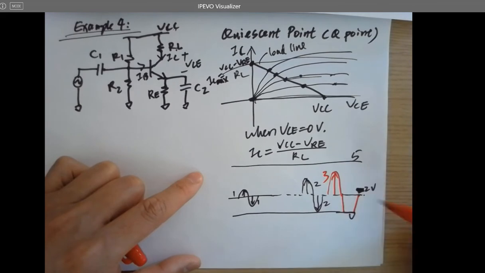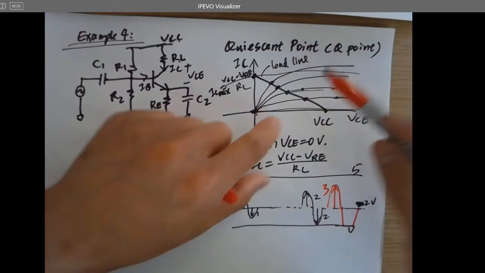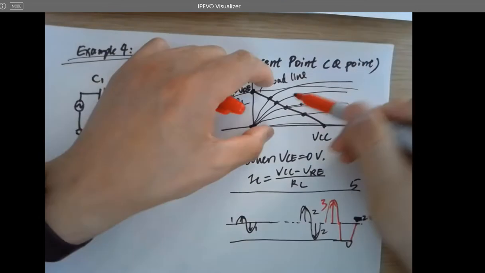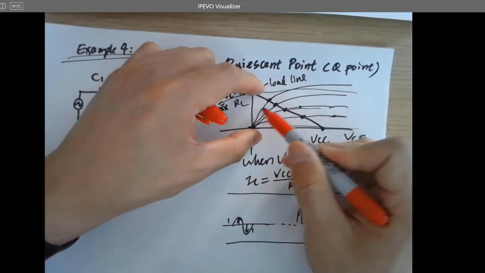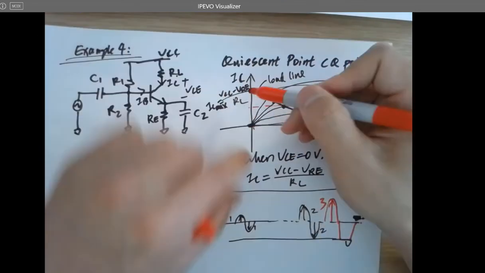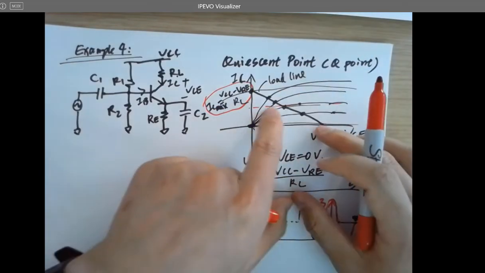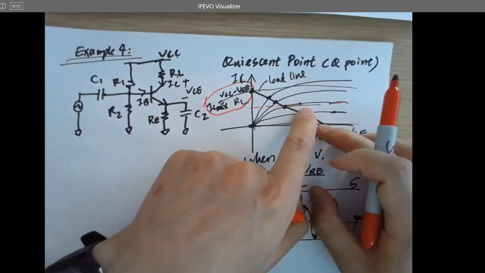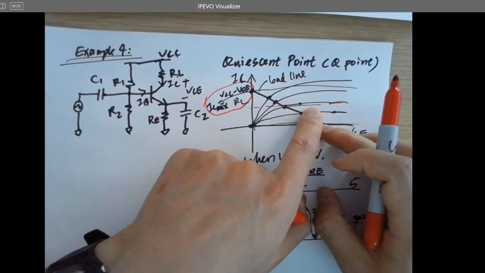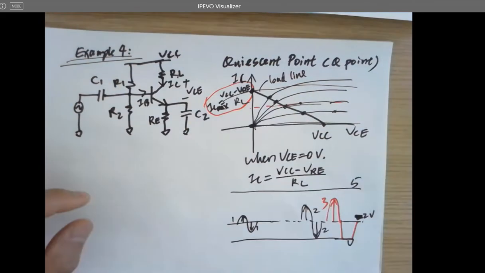It's going to be clipped at the bottom. This is not being biased correctly. So if you want to bias this transistor correctly, you want to bias it in the very middle for the DC point. If you calculate IC max to be this value, you can find out whatever is in the middle will be the best IC. So you can bias this transistor correctly in the middle.